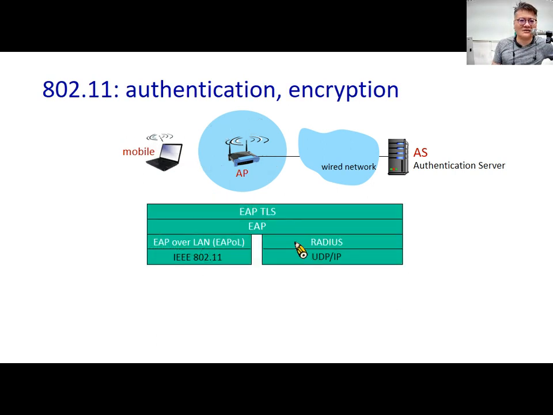So you can see this authentication and encryption protocol runs from the authentication server to the mobile, the AP and the wireless network, using EAP-TLS between the mobile, AP and the wireless network for authentication, and then EAP based on the wireless 802.11, then using UDP/IP and RADIUS over UDP/IP, EAP over LAN, EAPOL, then EAP-TLS over EAP.